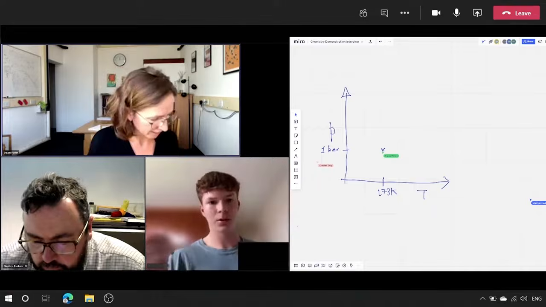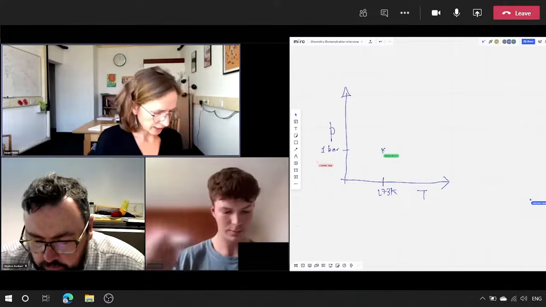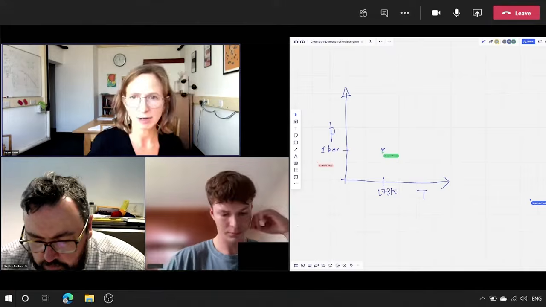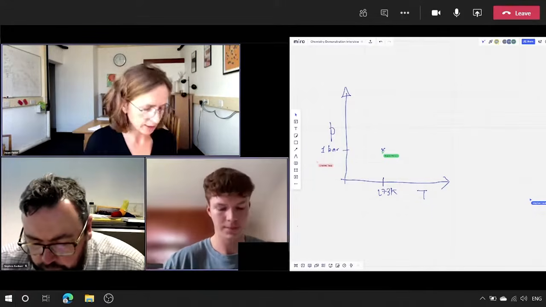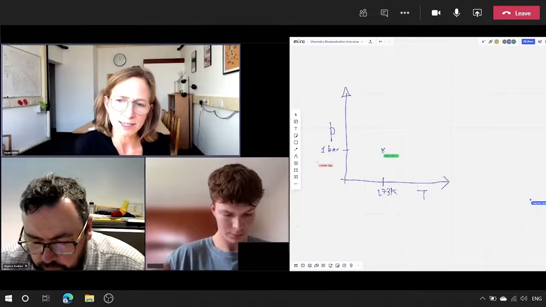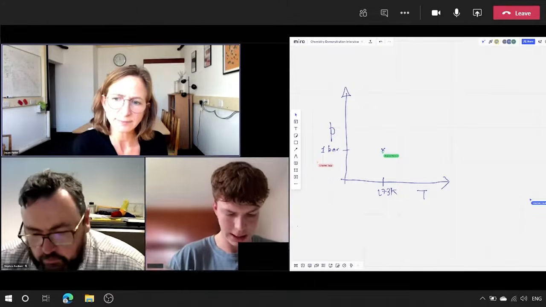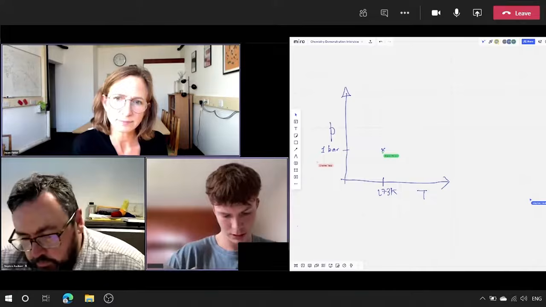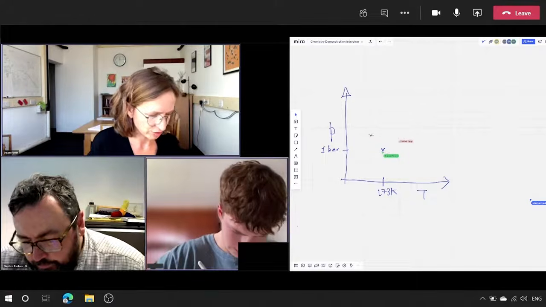Okay. And if I were to increase the pressure of the surroundings, do you know what would happen to the freezing point of water? Would it decrease? Do you want to draw that on the graph, sketch a point which illustrates that?